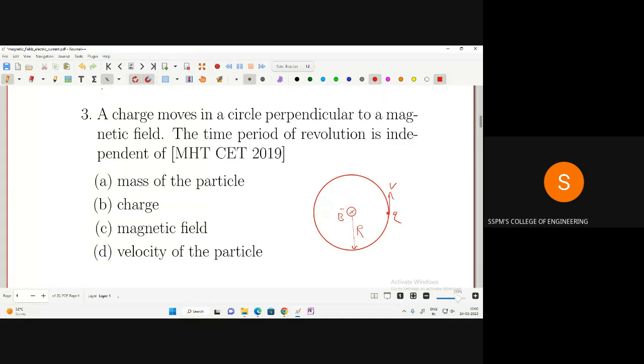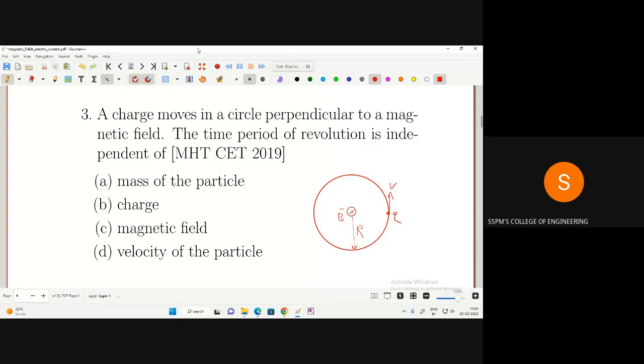What is the distance for one revolution? The distance covered by the charge for one revolution is nothing but the circumference of the circle, and the circumference of the circle is 2 pi r.